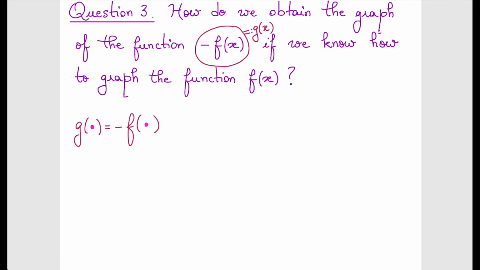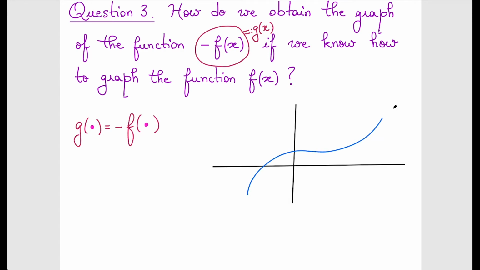And let's say that the function f has a graph like this. Let's say this is the function f of x, and I would like to know how to graph g if g and f are intertwined via this recipe algebraically.